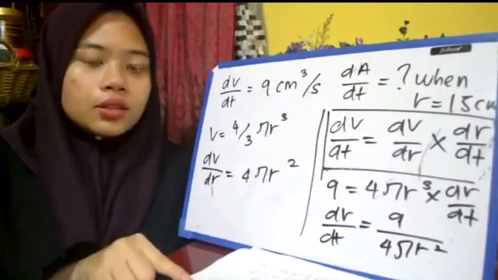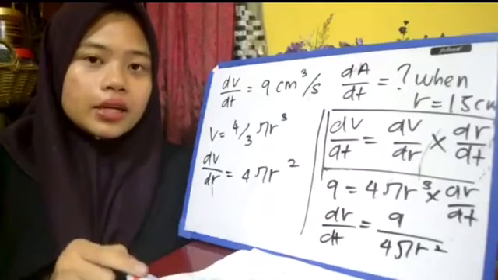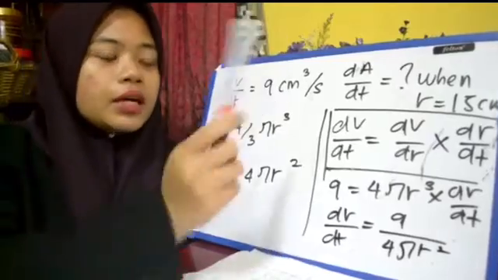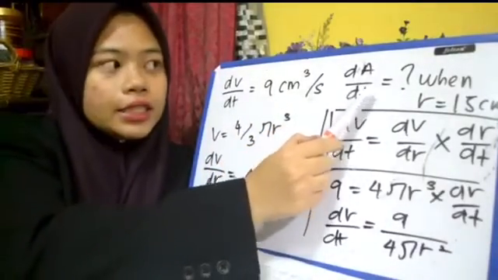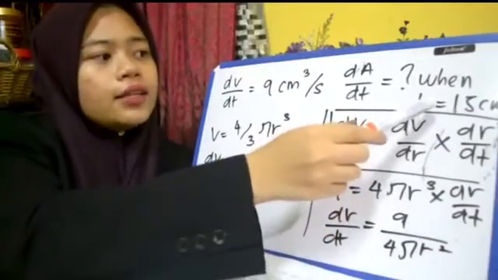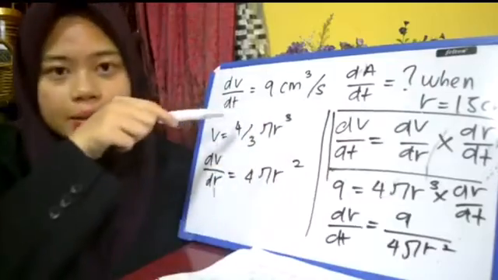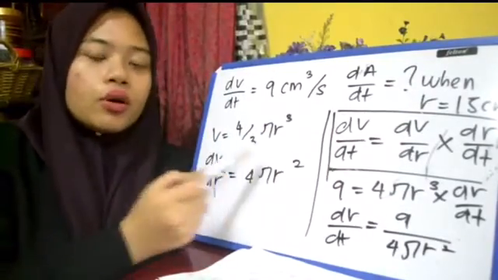And the question wants us to find the rate of change of the surface area when the radius is 15 cm. We need to find dA over dt equal to what, when the radius equals 15 cm.